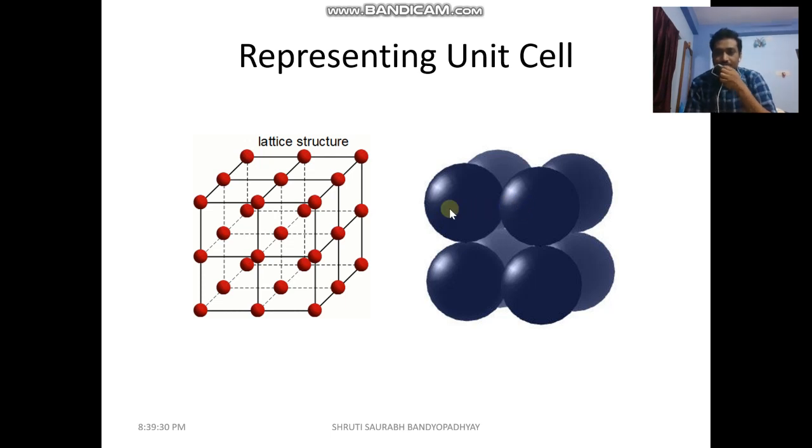Actually, they are linked by chemical bonds, but the bond is not shown here. In this arrangement, particles are not close to each other, but in this arrangement particles are shown to be close to each other. That means we can say these are close packed arrangements of particles. Particles are closer here.